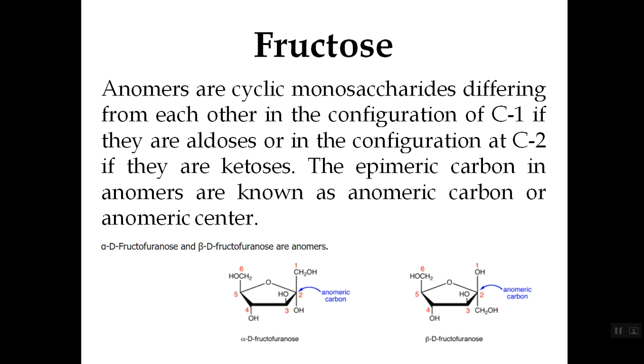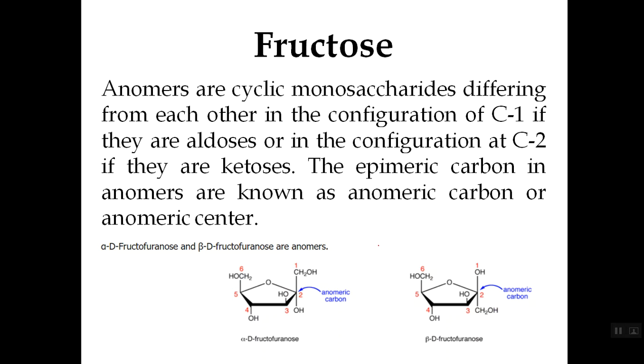In aldoses we find the aldehyde group at the C1 atom, but in ketoses the carbonyl group is present at the C2 carbon atom. So in assessing the alpha and beta forms of ketoses, we consider the C2 carbon atom. The epimeric carbon in the anomers is known as the anomeric carbon or anomeric center, that we know.